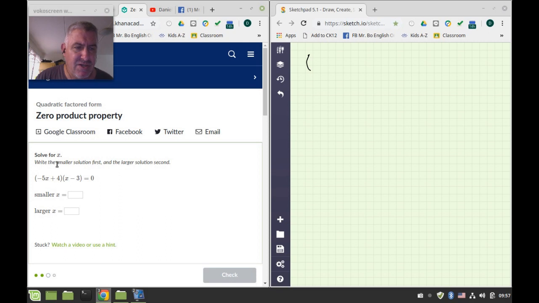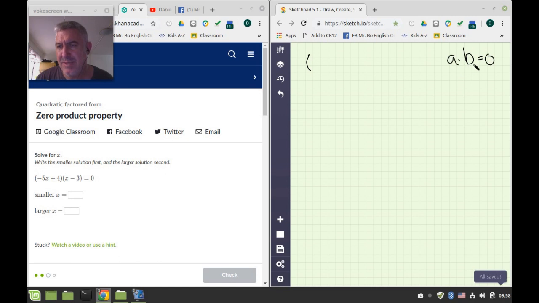So you can see, solve for x, write the smaller solution first and the larger solution second. Okay, so we have two parts, and this falls down to the zero product property, which says a times b is equal to 0.